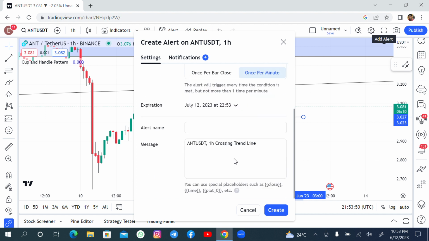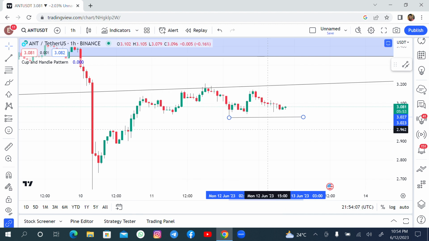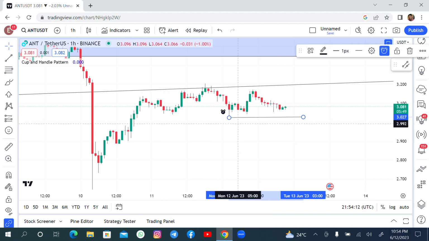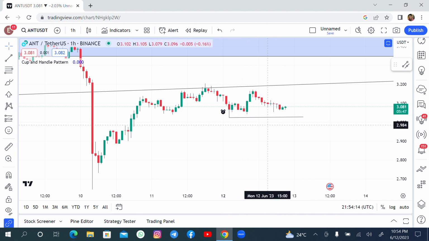Put it on once per minute, and I'm going to say change of character. So this is actually a bearish change of character if we fall and break below it. So once this happens, then boom, confirmation.